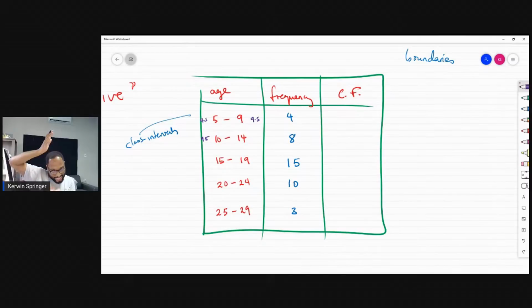So the boundary is like the line. If you use 9.5, you belong to this one, but anything under 9.5 is in the previous one. Then 14.5, 19.5, 24.5, 29.5. So you're catching the vibe.